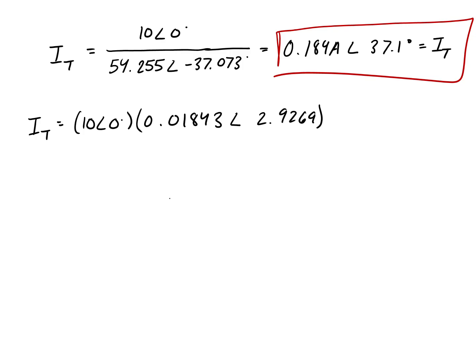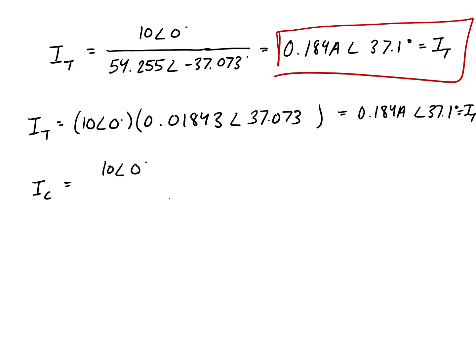Sorry, I messed that up on the other slide. I'll put a little note on it. It should be the 37.073. We need to get the same value. So multiplying that together, we get 0.184 amps, 37.1 degrees for IT. So both methods work out. It's just dependent on which one you're using. So whichever one you're comfortable with, go ahead and do that.